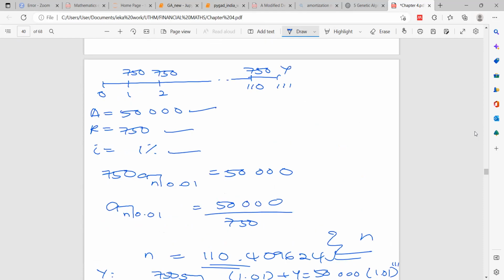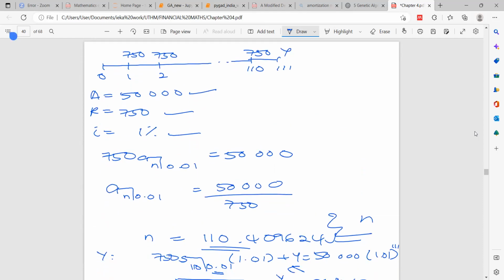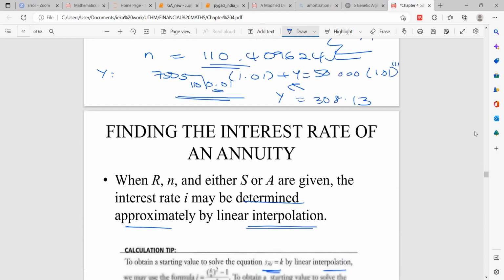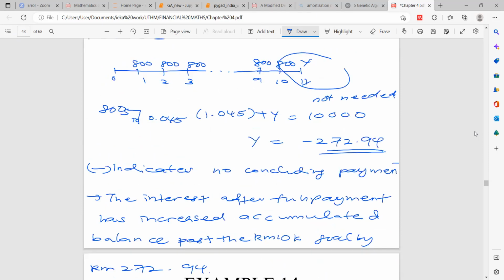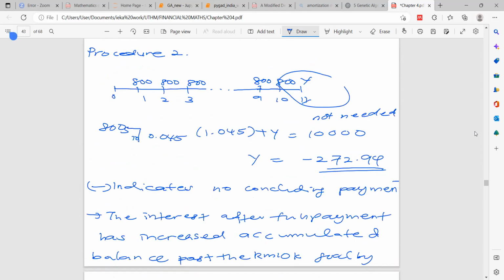Okay, for procedure 2, we put 10 times a regular payment, 800, and then we need to find at the 11th payment how much money that we need to pay.